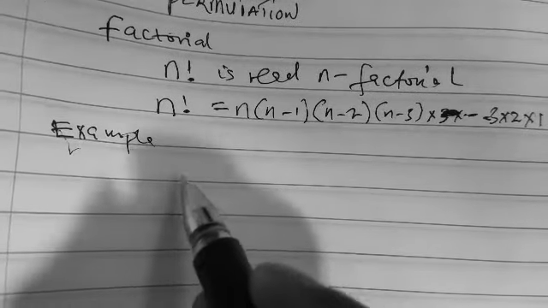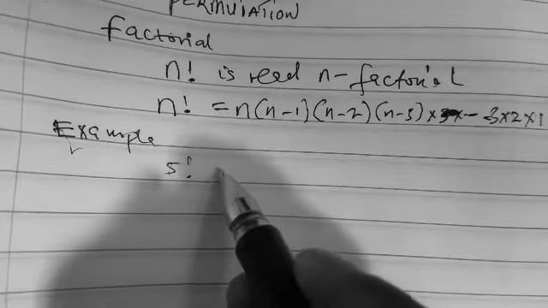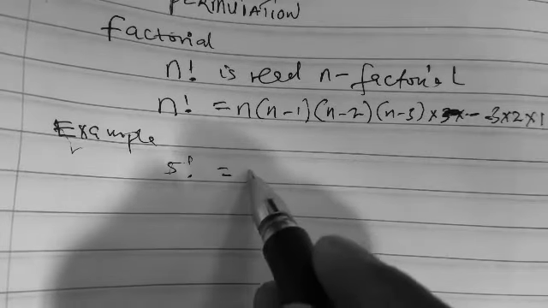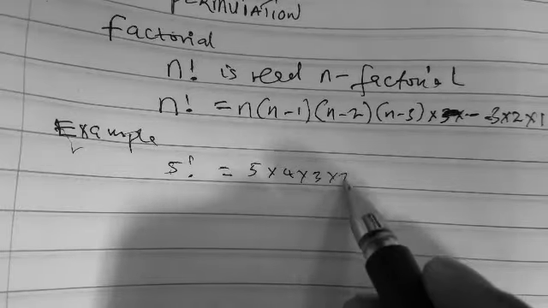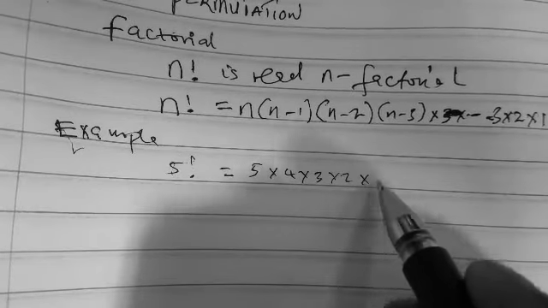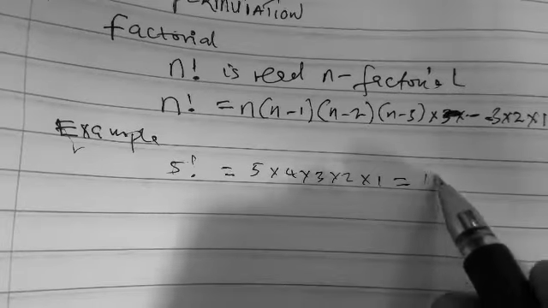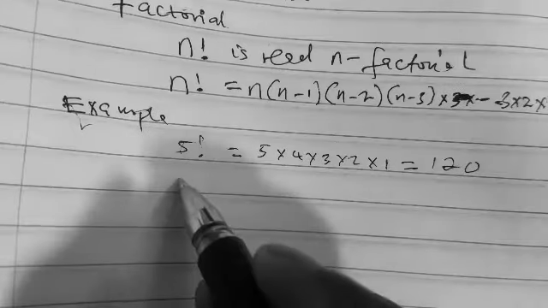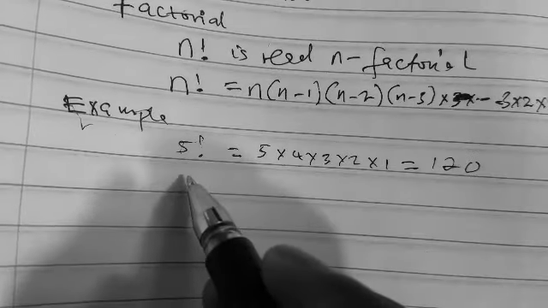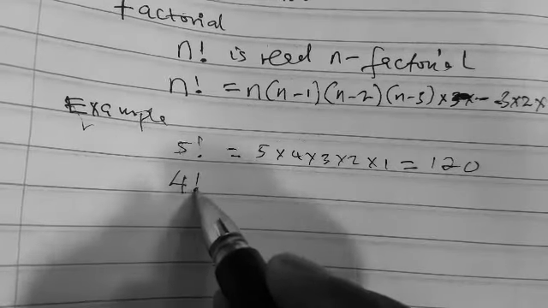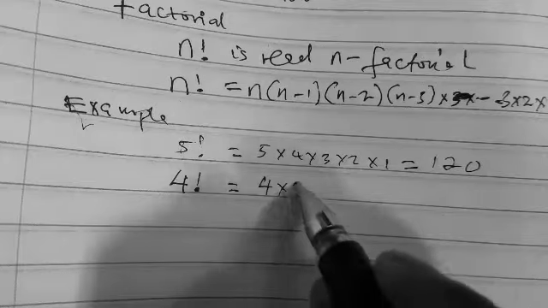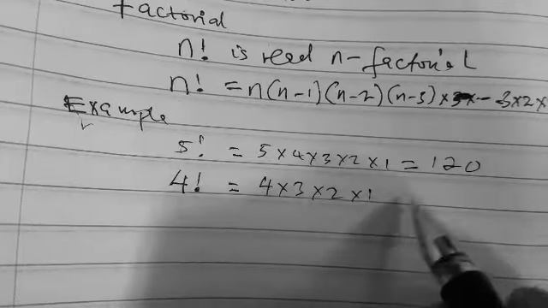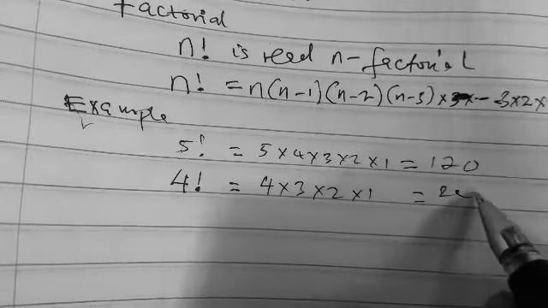For example, if you have 5 factorial, it is the same thing as 5 times 4 times 3 times 2 times 1, which is the same thing as 120. And if we have 4 factorial, it is defined as 4 times 3 times 2 times 1, which is equal to 24.